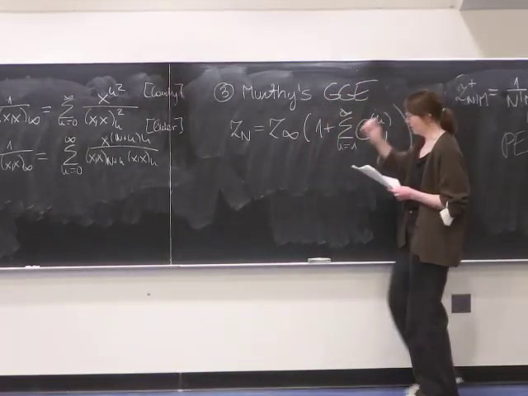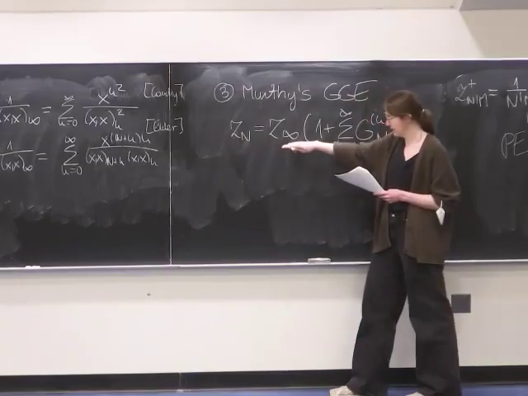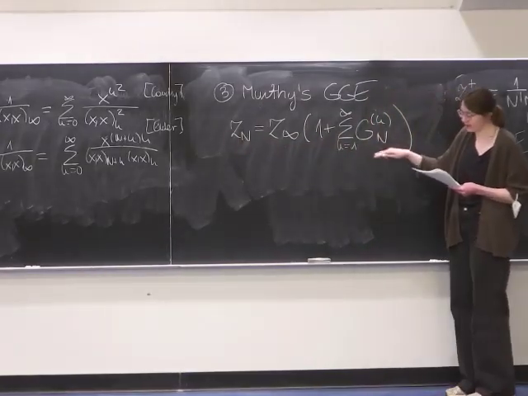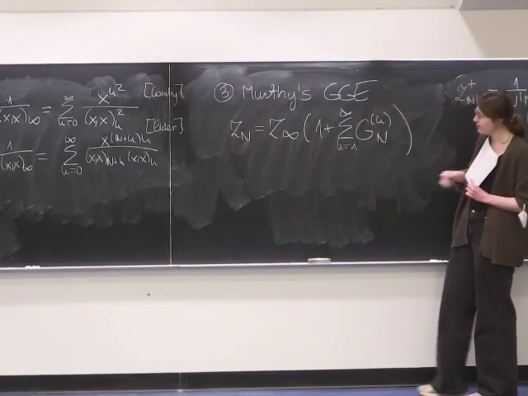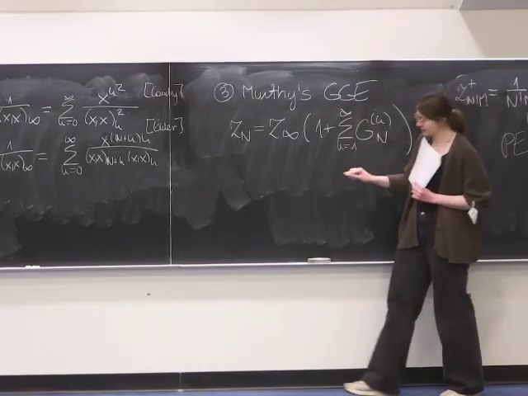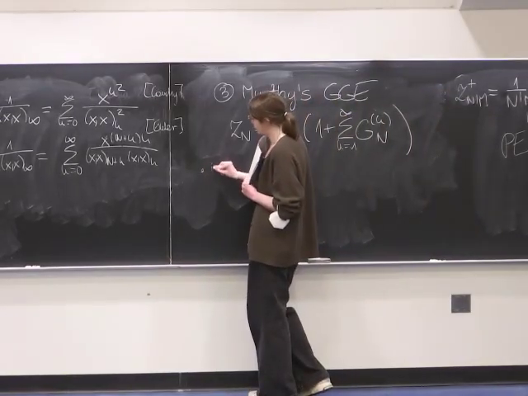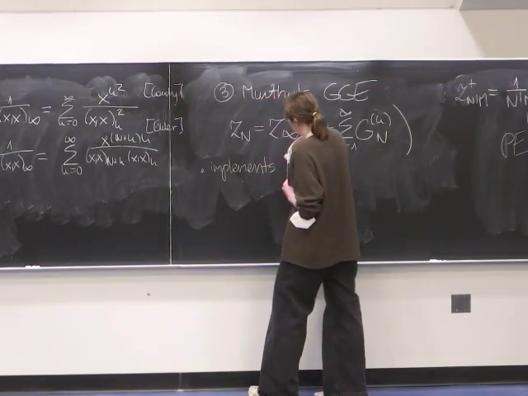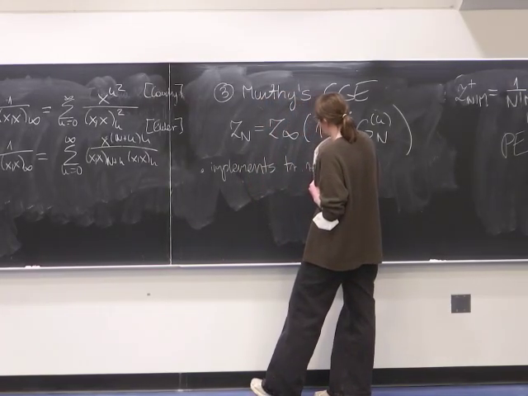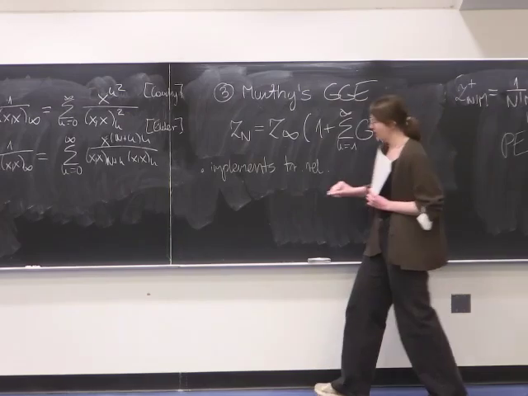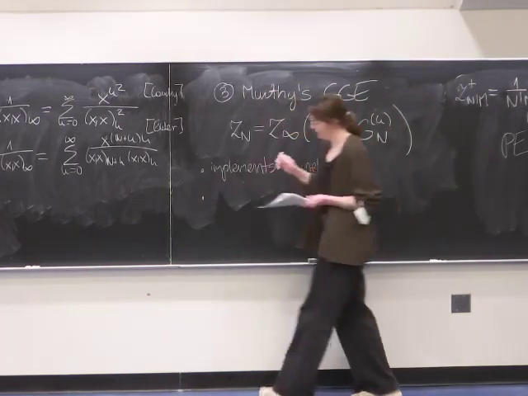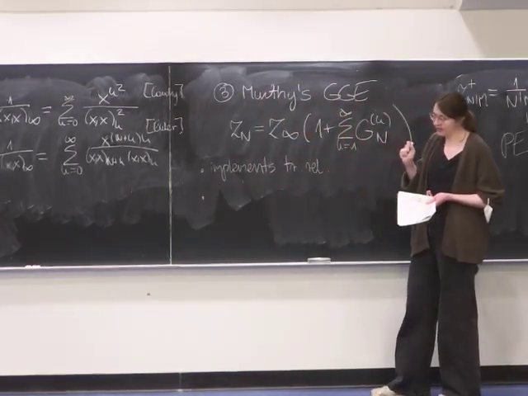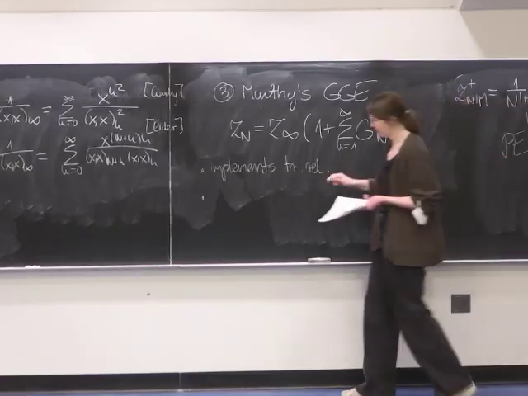Okay, so now we have finite N here, infinite N here, and infinitely many corrections. Like we said, these corrections have to somehow implement trace relations. You can think of them as coming with overall signs, like minus, plus, minus, plus.